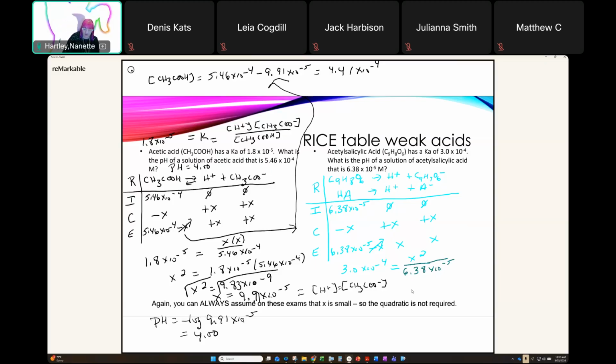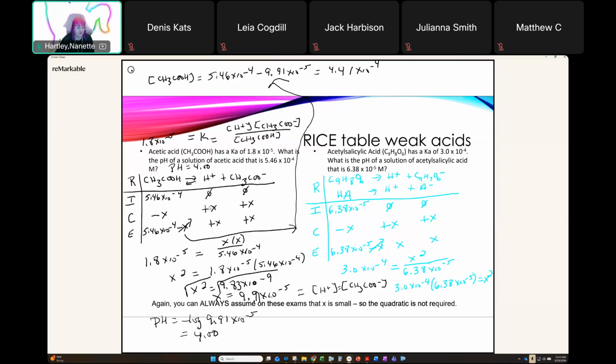So I can multiply both sides of the equation by the 6.38 times 10 to the minus fifth, and I get that 3.0 times 10 to the minus fourth times 6.38 times 10 to the minus fifth is equal to x squared. Okay, so I can do that math.